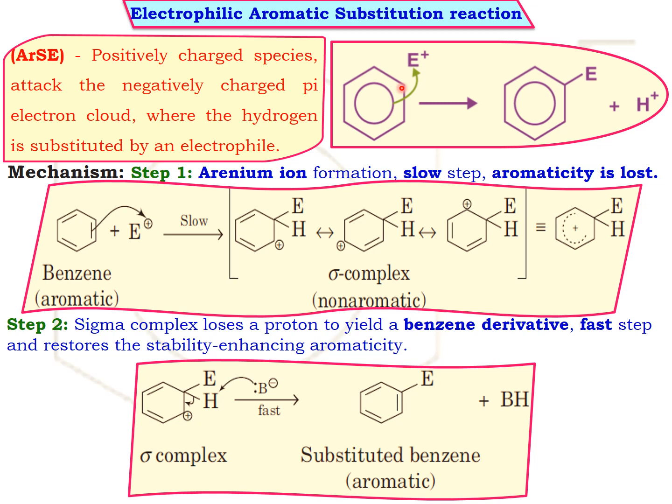In general, there is a negatively charged electron cloud lying above and below the plane of the ring. Electrophiles, we know, are positively charged species and are very prone to attack the negatively charged, pi electron clouded aromatic ring. We expect that aromatic electrophilic substitution reactions may take place very easily.